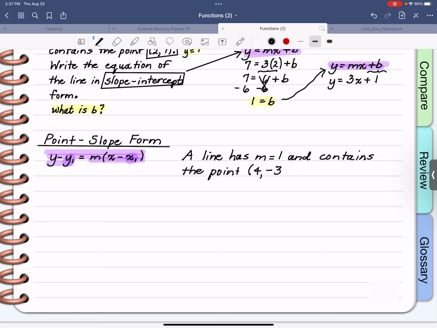Negative, Amanda, it's a -3. That's where I messed up the first time. I lost that negative sign and it ruined the whole thing. Write the equation of the line in point slope form. And I'm going to put form right there because I have a reason for that.